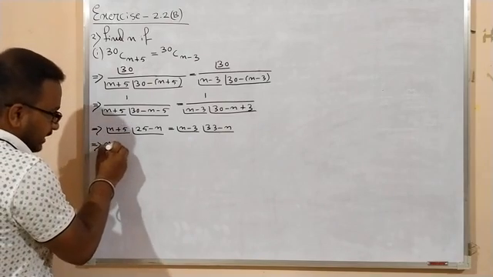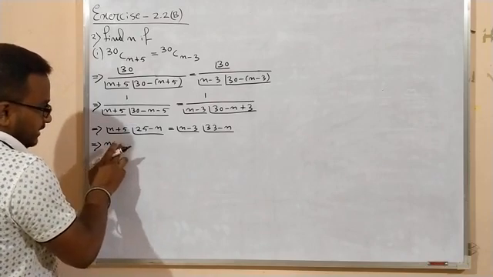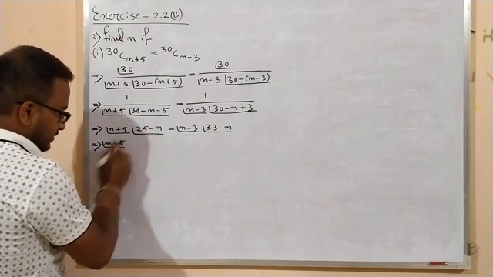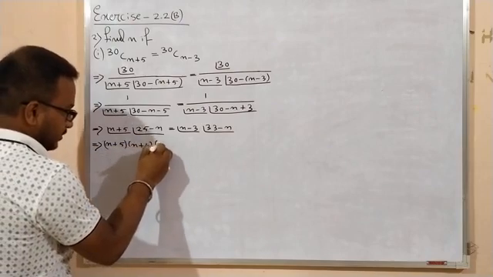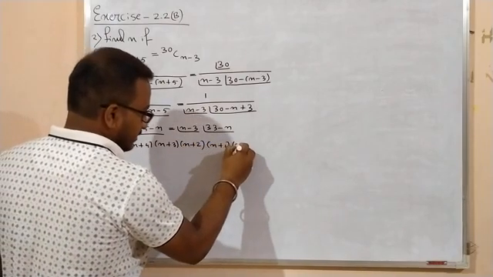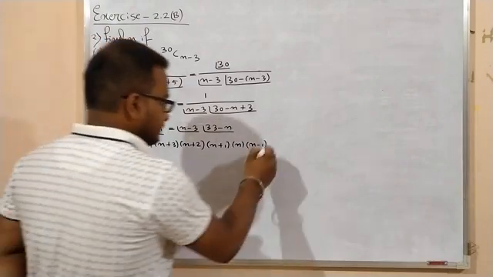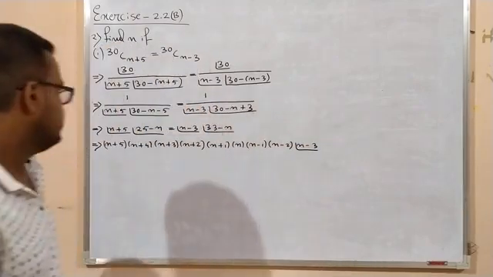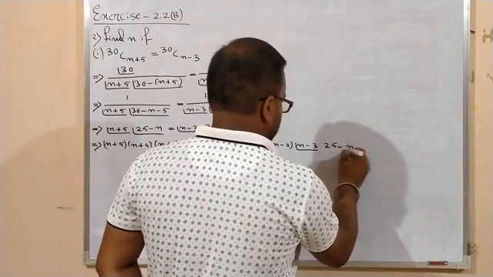We will get n plus 5, n plus 4, n plus 3, n plus 2, n plus 1, n, then n minus 1, then n minus 2, then factorial n minus 3, and into factorial 25 minus n, right?